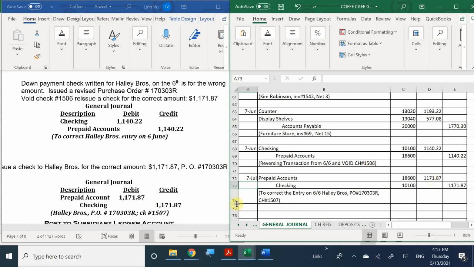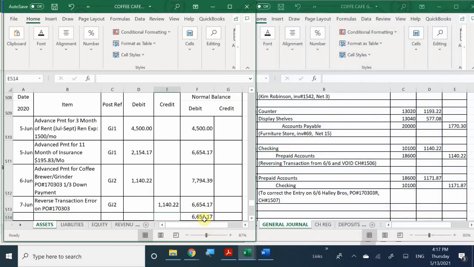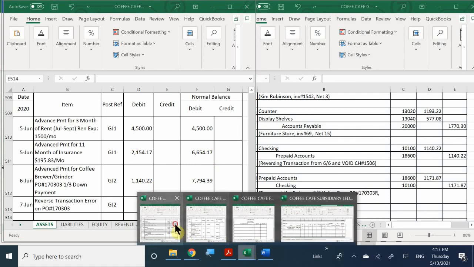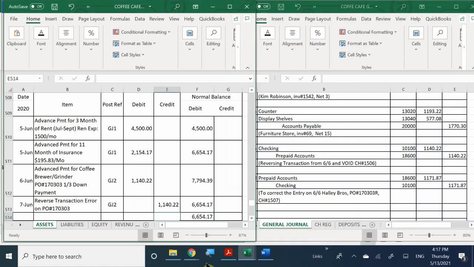Now we have to go back and re-enter all the information into our ledger, and then enter a new transaction for a subsidiary ledger. So let's focus on the ledger first. We're already in prepaid accounts.